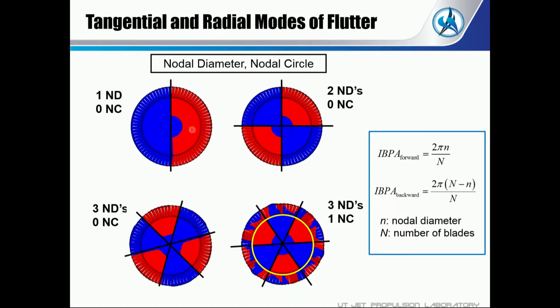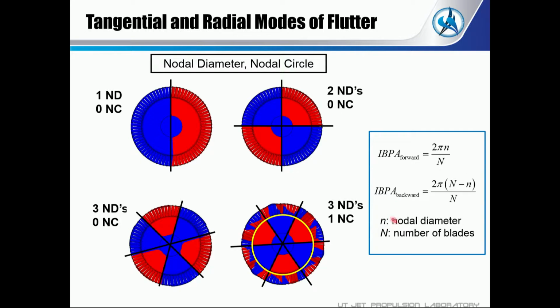And the nodal circle is a circle; it's also a boundary of the phase. So we can have 2 nodal diameters with 0 nodal circles, or 3 nodal diameters and 1 nodal circle. N is the nodal diameter, so IBPA has a relationship with the nodal diameter shown here.